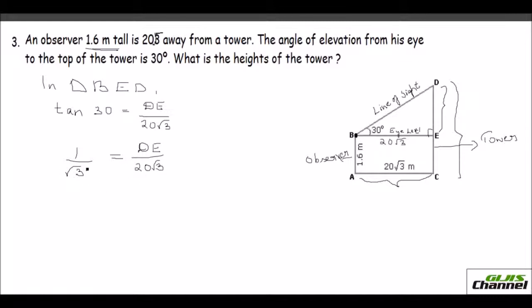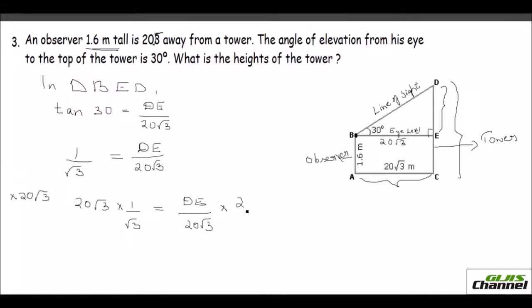Now multiply both sides by 20 root 3 so that you can get rid of the 20 root 3 as denominator on your right side. So what happens? On your left it is 20 root 3 times 1 over root 3, and on your right it is DE over 20 root 3 times 20 root 3, since you're multiplying throughout.